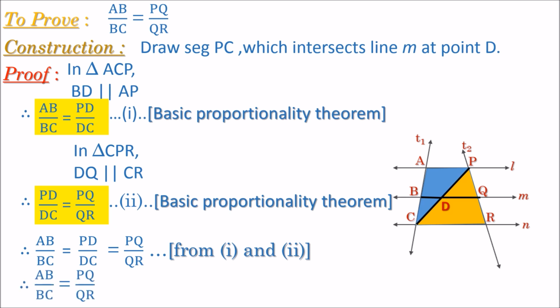So I can say that AB upon BC equals PQ upon QR. So here I have proved it: the ratio of intercepts formed on transversal T1 is equal to the ratio of intercepts formed on transversal T2 by three parallel lines L, M and N. This is called the property of three parallel lines and their transversals.